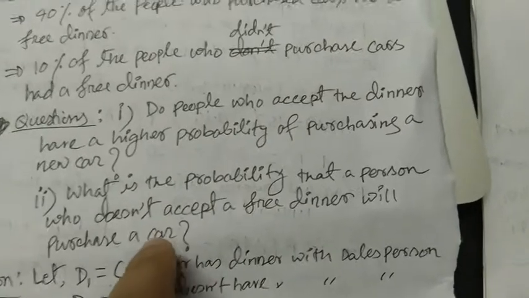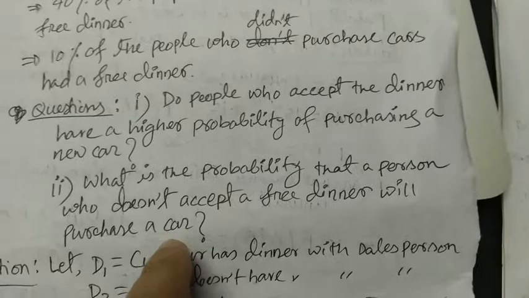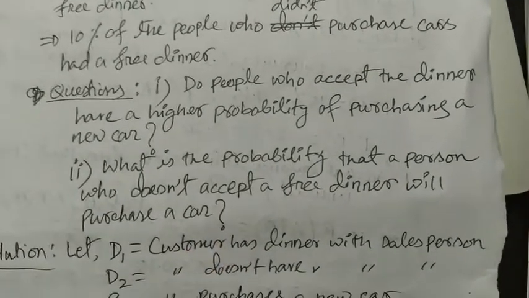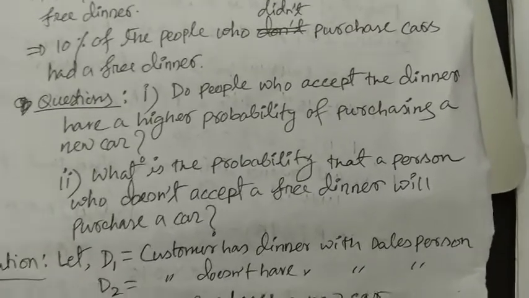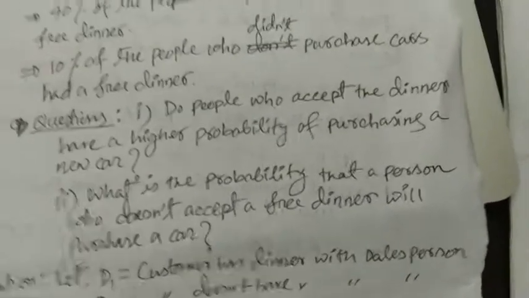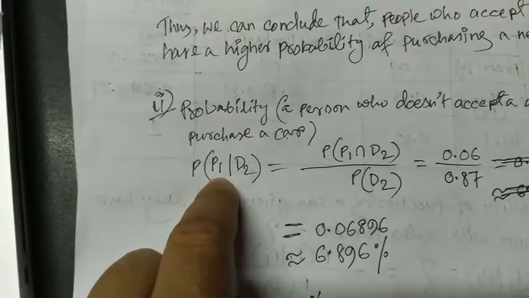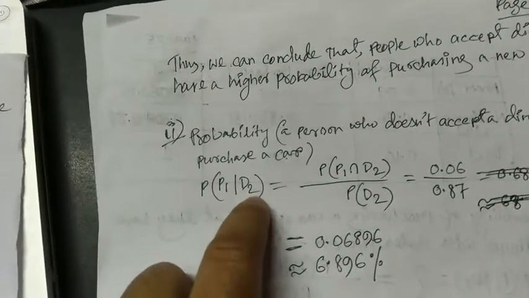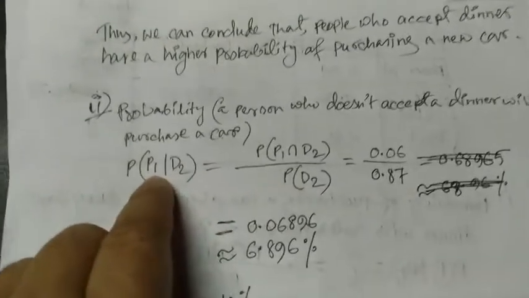That means we need to find the probability of purchase, P1, given that the customer didn't have dinner, that is, the probability of purchase without having dinner. You can find this using this formula.